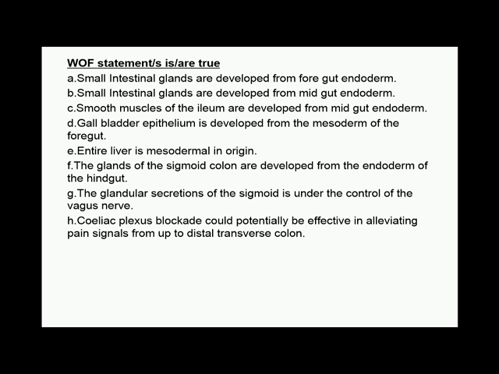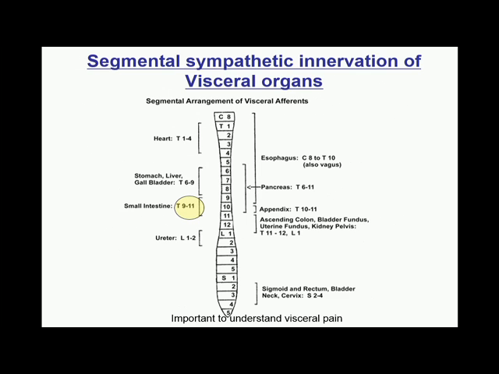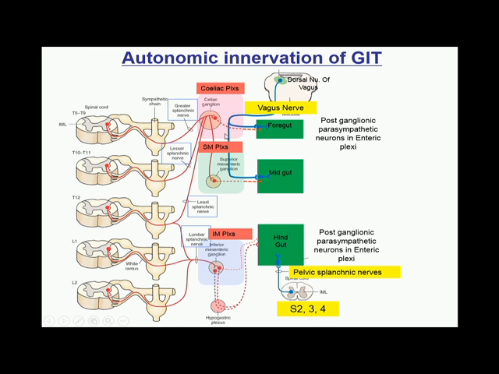Celiac plexus blockade could potentially be effective in alleviating pain signals from the upper distal transverse colon. Yes? If you follow the general plan, it is false, but it is true because of this.